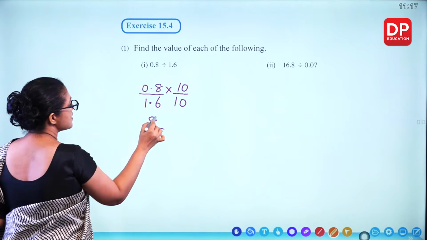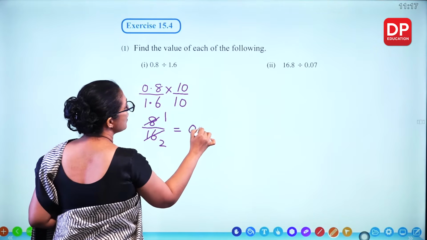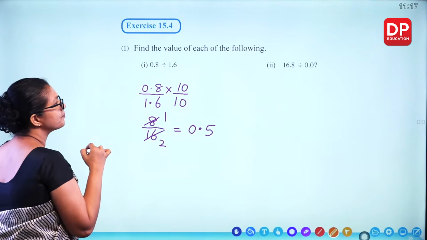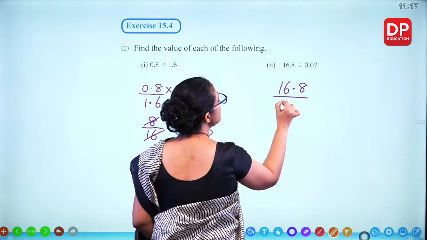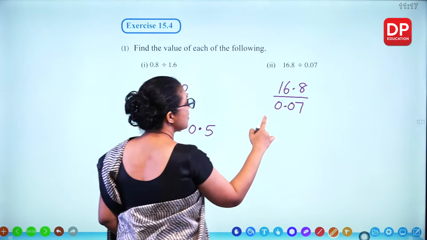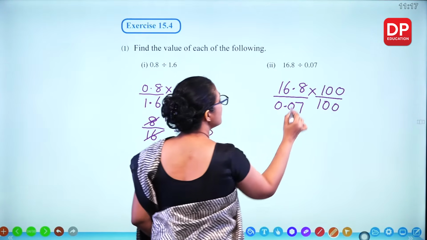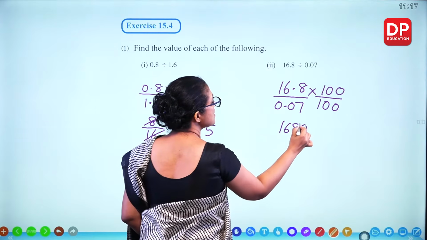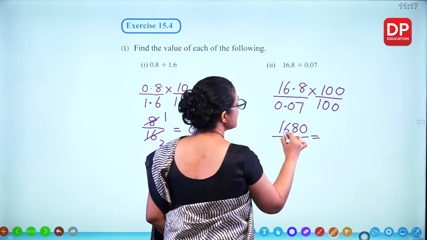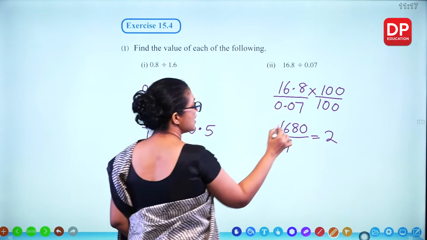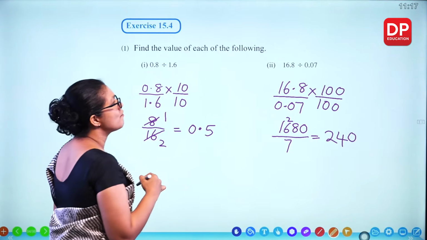So 8 divided by 16. 8 times 1, 8 times 2. 1 divided by 2, you get 0.5. 16.8 divided by 0.07 multiplied by 100. You get 1680 divided by 7. Now divide by 7. 7 times 2, 14. For 28, that's 4. So 240.